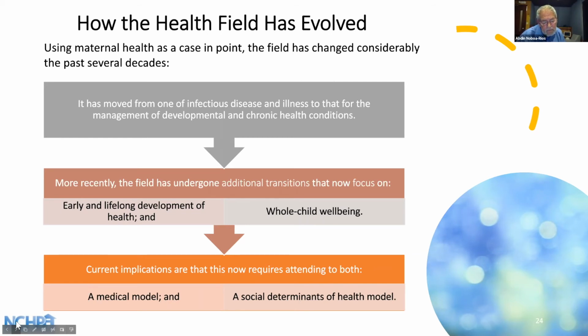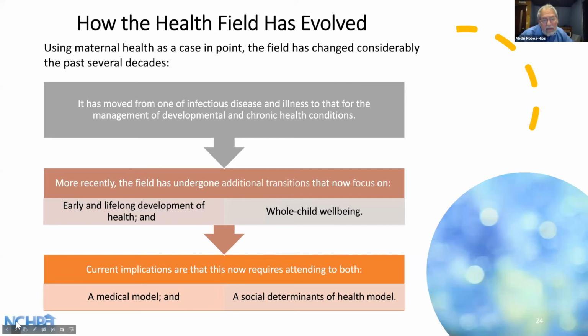It has moved from one of infectious disease and illness to that for the management of developmental and chronic health conditions. More recently, especially for children's primary health care, the field has undergone additional transitions that now focus on early and lifelong development of health, as well as whole child well-being.